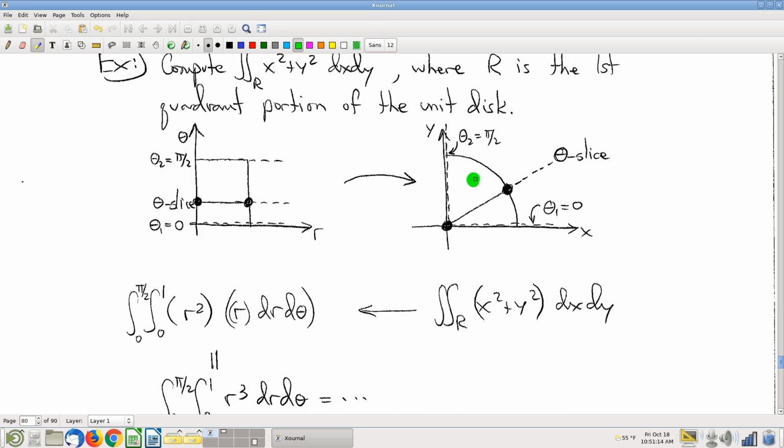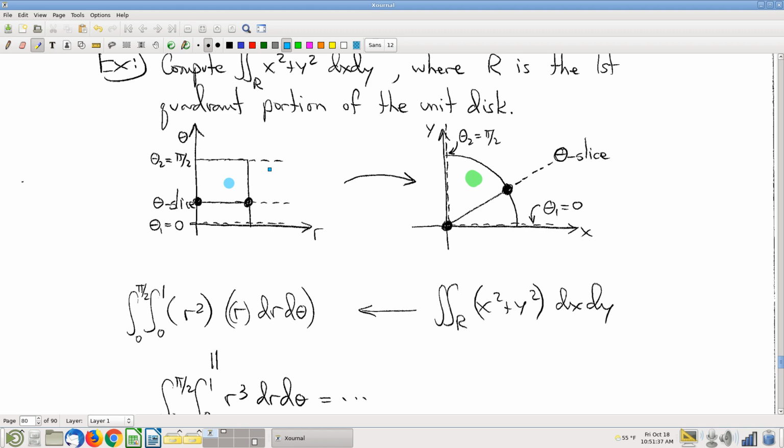Dx dy is that area. Dr d theta is that area. They're not the same. There's a stretching factor difference between them. You cannot just replace dx dy with dr d theta because you want to get rid of the x's and y's. So don't make that mistake.